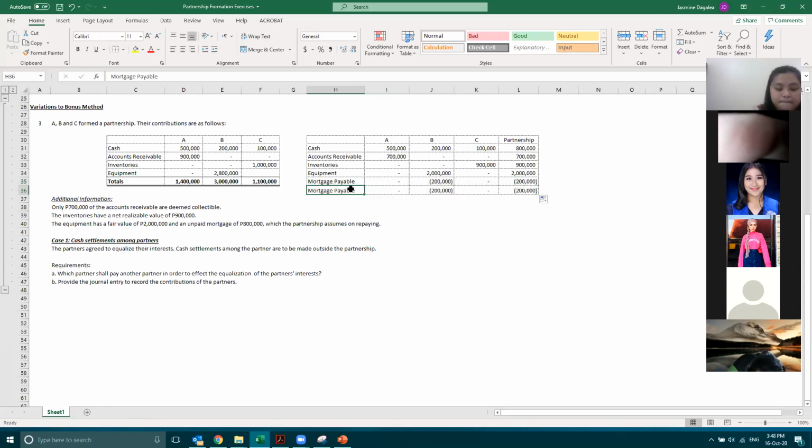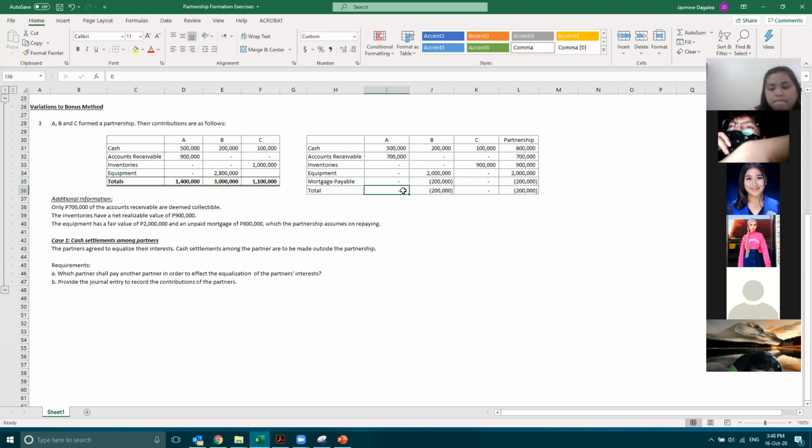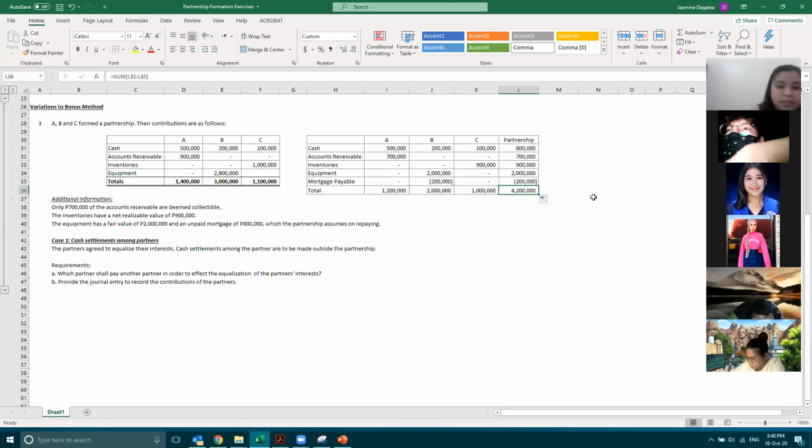Total capital minus liability. So, ito yung net capital contribution, 4,200,000.